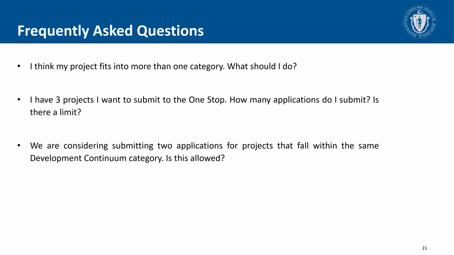If one is recommended, it'll be whichever one is stronger, but it may not be the one that you needed. So that's why we ask you to think strategically about each annual round and submit things that you really have priority over for that year.